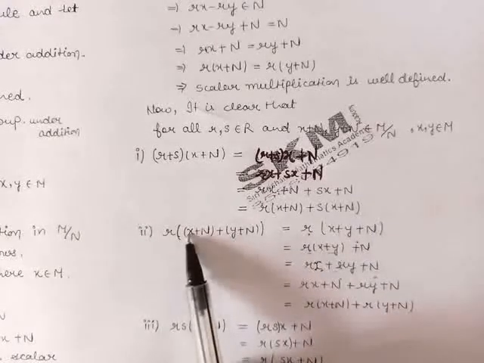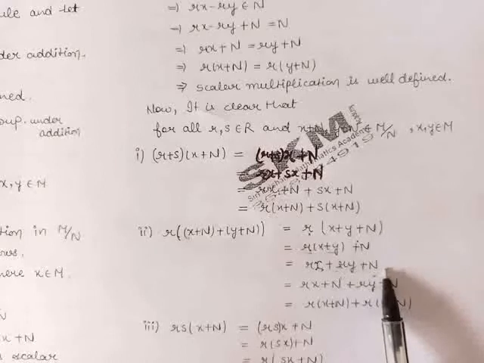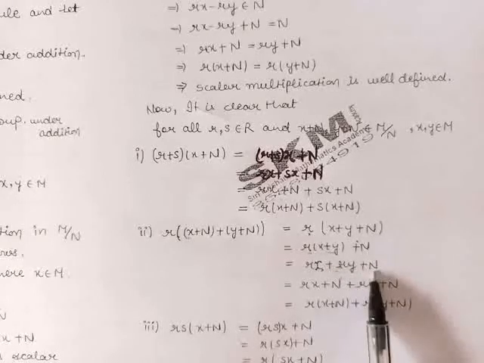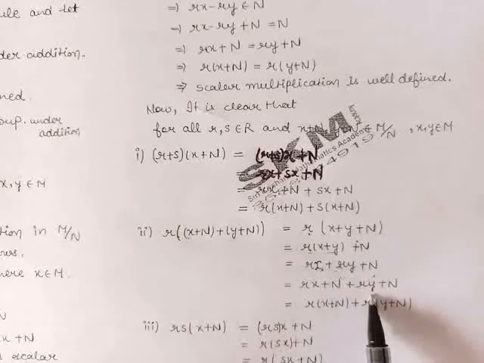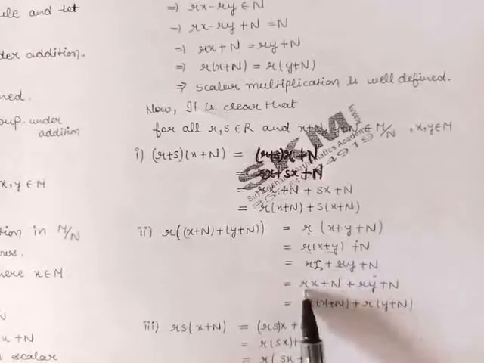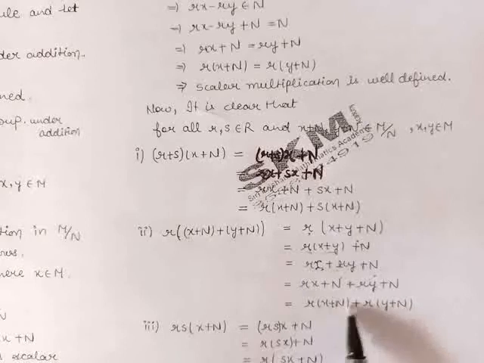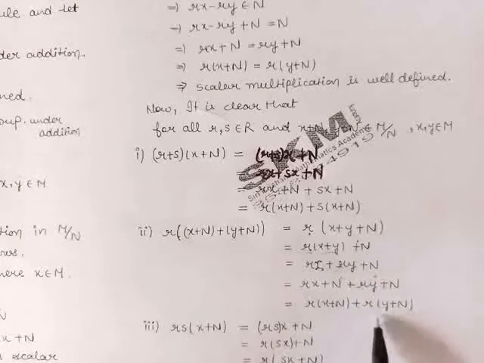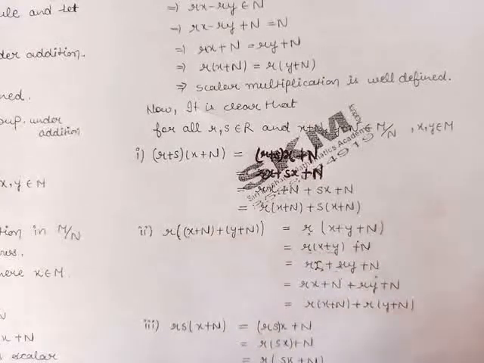So this element becomes (rx plus ry) plus N. By definition of vector addition again, this becomes (rx plus N) plus (ry plus N). Now by definition of scalar multiplication, rx plus N is r into (x plus N), and ry plus N is r into (y plus N). So this proves this property.